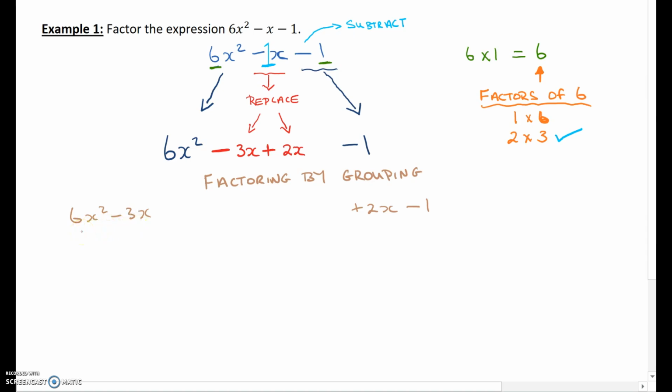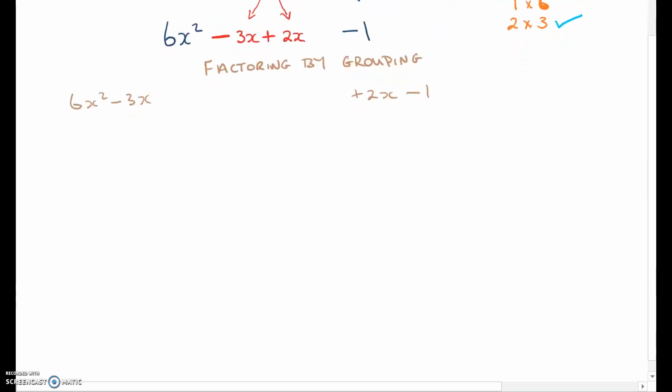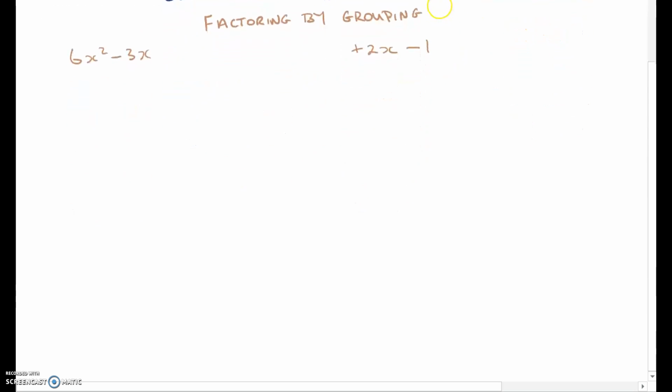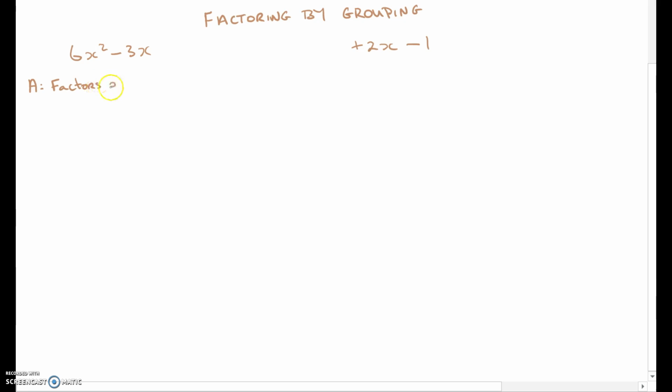I'm just going to scroll up a little bit so we have a little bit more room, because we're really looking at a new question at this moment. So 6x squared minus 3x. What we did before was we found the factors of 6, and that would be 1 times 6 and 2 times 3, and the factors of 3 are just 1 times 3.